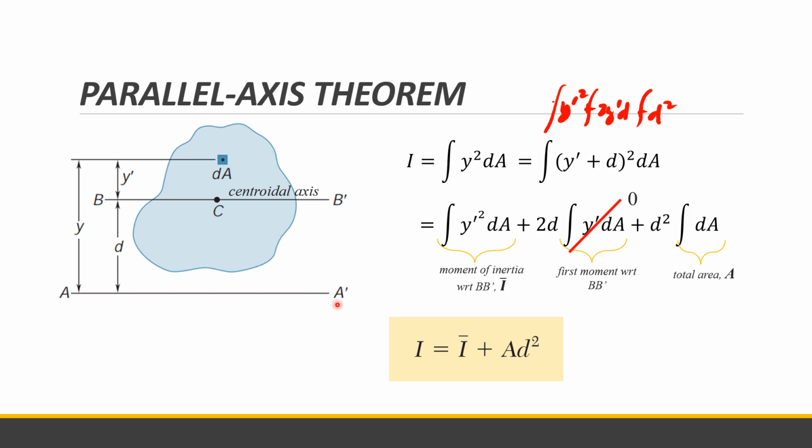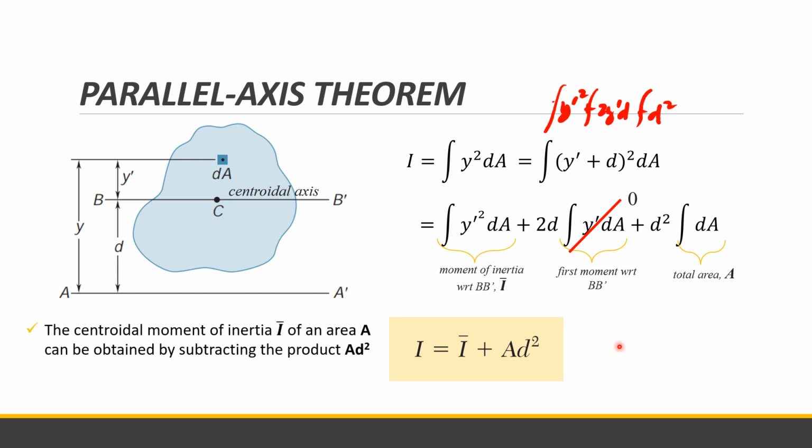So for the parallel axis theorem, you should have parallel axes, AA prime and BB prime. The distance between them is d, so that is d squared. This theorem is known as the parallel axis theorem. The first point is that the centroidal moment of inertia I bar of an area can be obtained by subtracting the product A d squared.